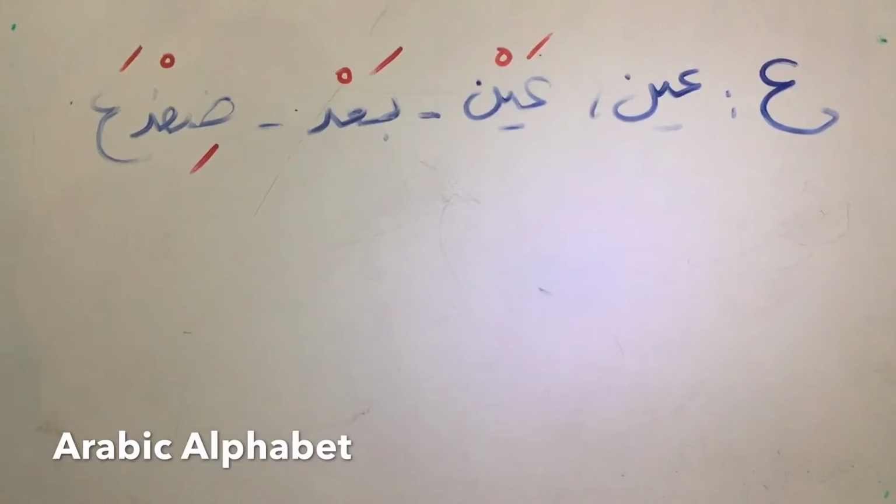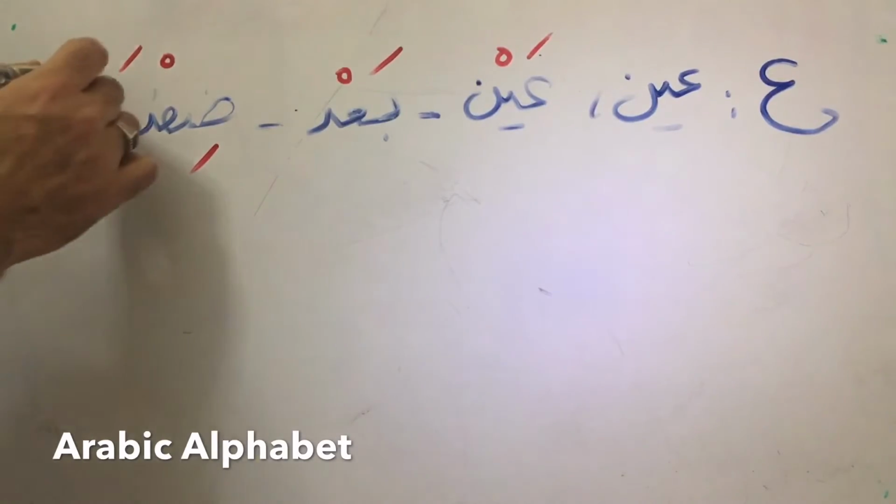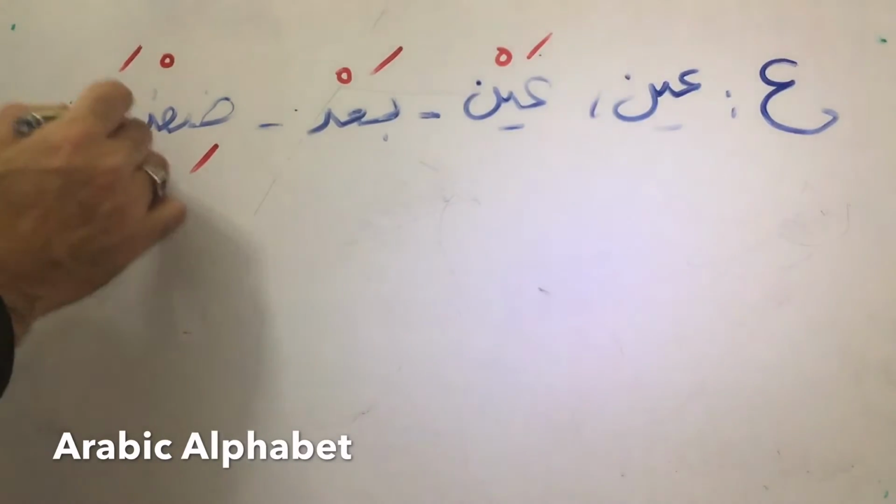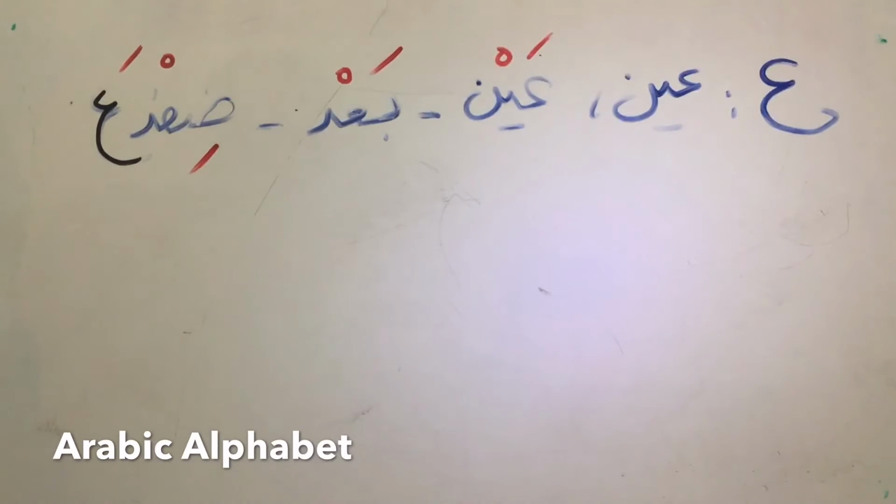You can see عين at the end of the word. This is عين. Now let's move to the next letter.